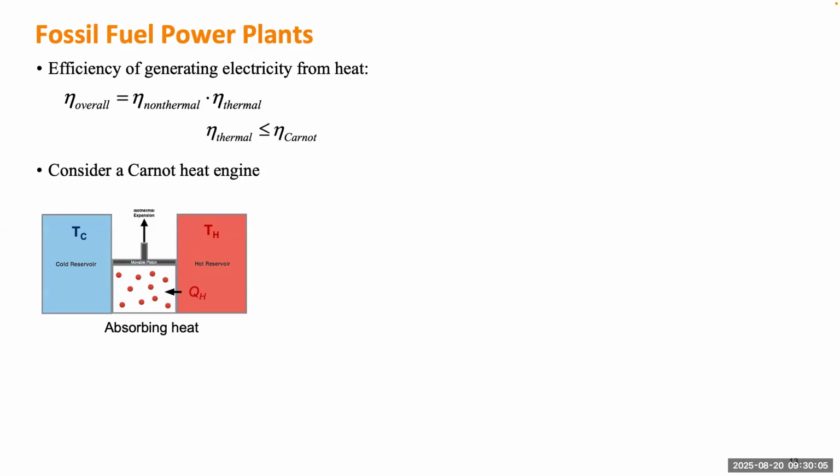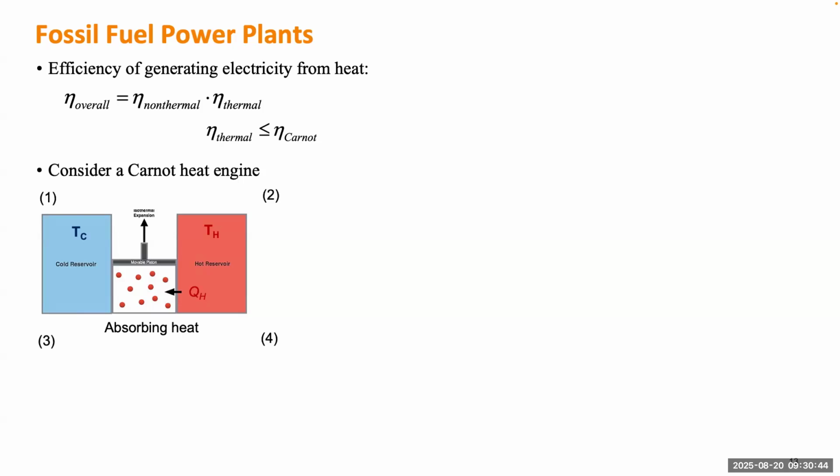There's a tank in the middle that can change its volume, with a piston that can move down and up, and I can decide which reservoir will be fully in contact with the tank in the middle. I can make it isolated from both, or in contact with either one. That's what I control. Definitely, implementing the Carnot engine is not easy in reality, but let's just assume.